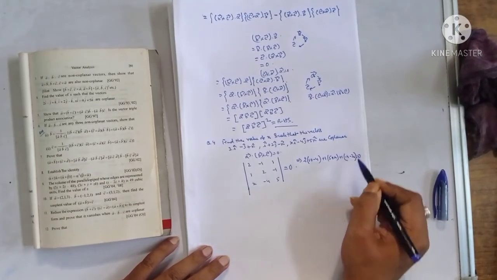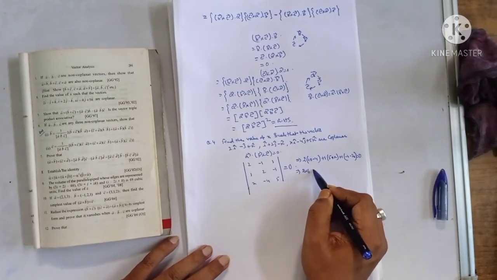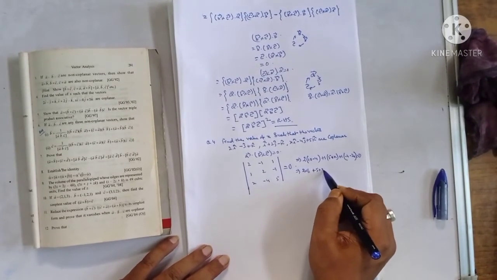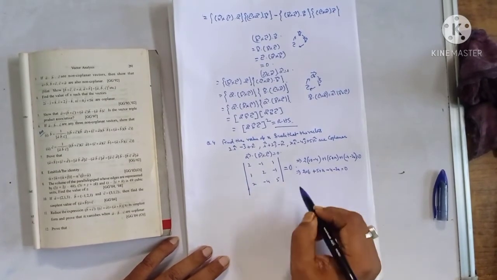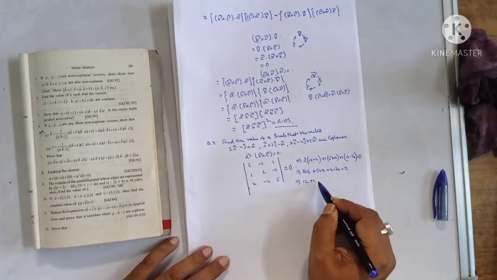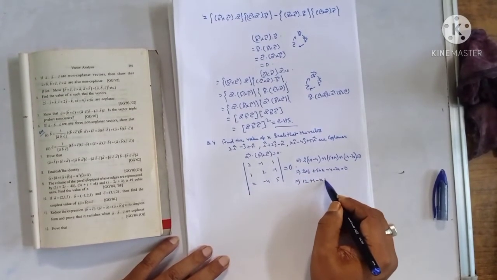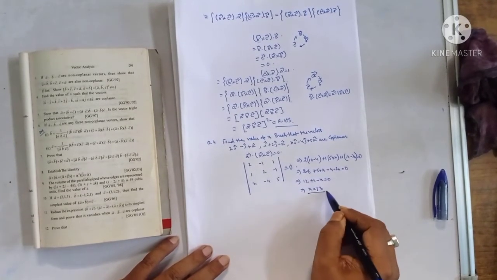This is equal to 0. So here 2 into 6 plus 5 plus x minus 4 minus 2x equal to 0. So this will be 12 plus 1 minus x equal to 0. So your x will be equal to 13. This is your answer.